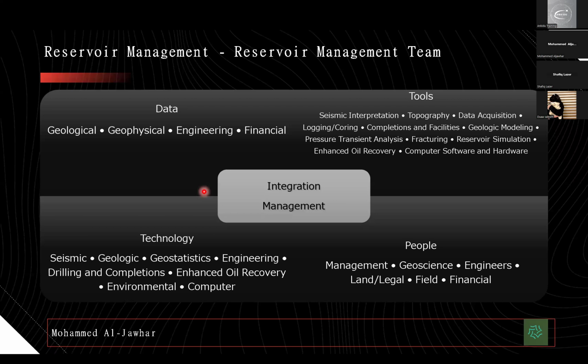starting from collecting all the data needed. So you need geological data, geophysical data, engineering, financial. All of these have to be gathered in the first place and have to be QA/QC'd, because otherwise you will make a wrong decision. And what tools do you need to gather this data?